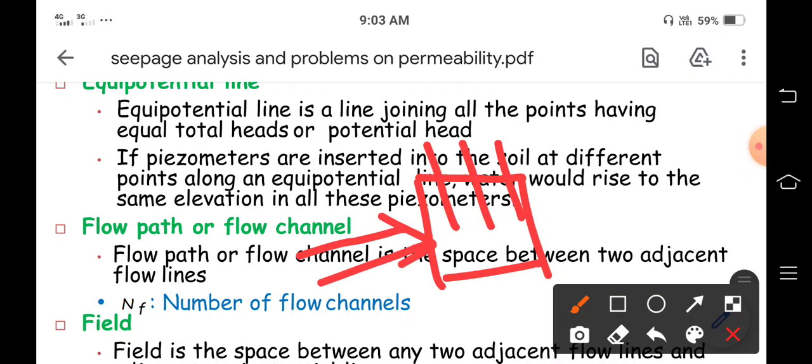When water enters the element, it rises in the piezometer, and it rises to the same height. So the line we draw is a line joining equal potential heads, the rise that can be observed in a piezometer, and it is called the equipotential line.